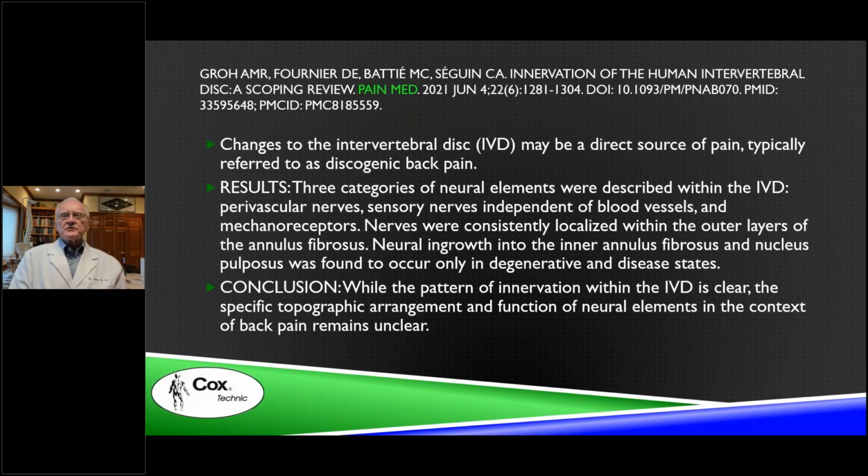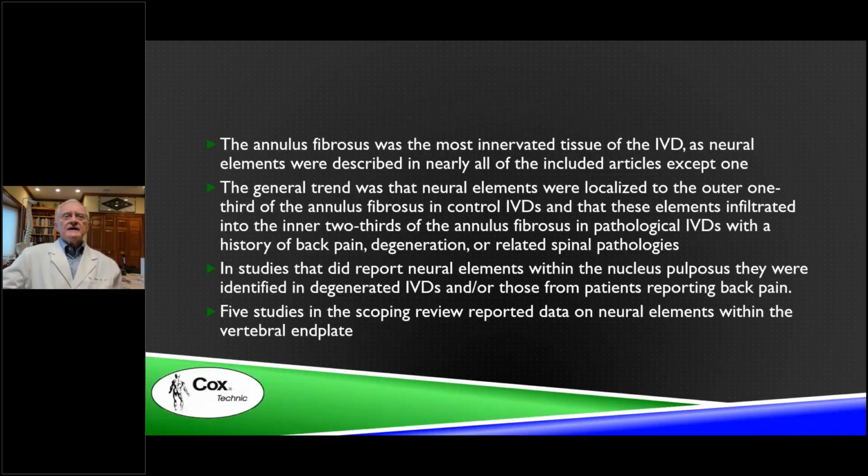Then we think about the sensory nerves independent of blood vessels and the mechanoreceptors type 1, 2, and 3, touch, temperature, and control. We must remember that neural ingrowth into the nucleus of the disc takes place with disc degeneration.